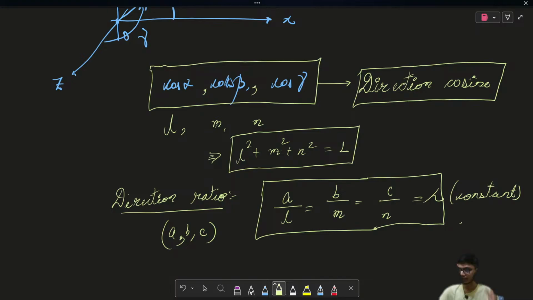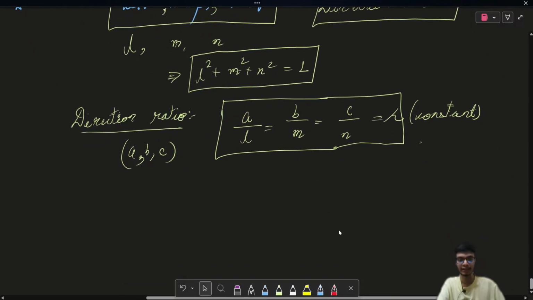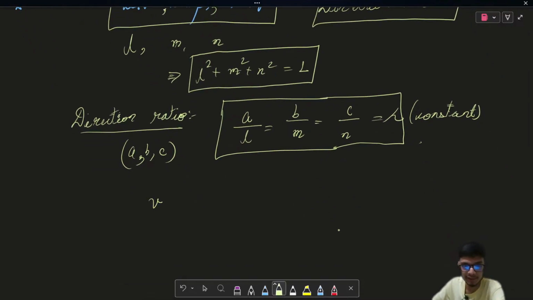Fairly simple, right? I can also derive another relation between direction ratio and direction cosine. Let us say I have any vector v, given something like this. You already know that the individual components of i cap, j cap and k cap of this vector denote the direction ratios.